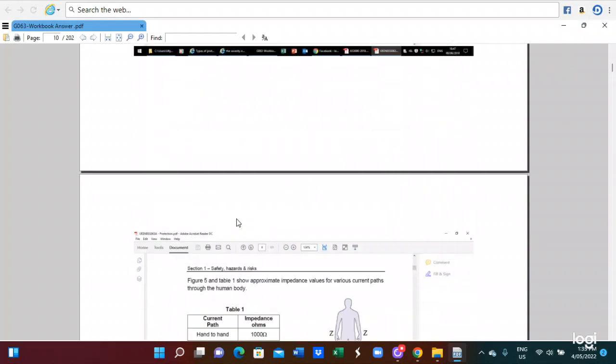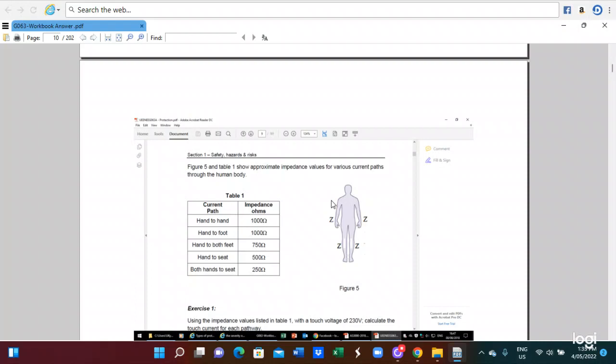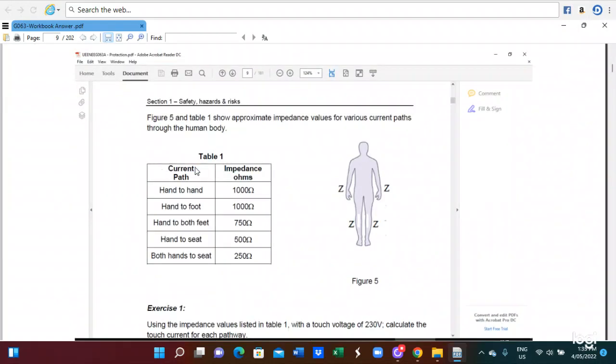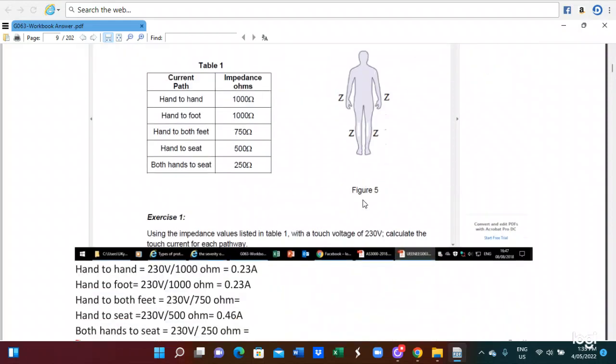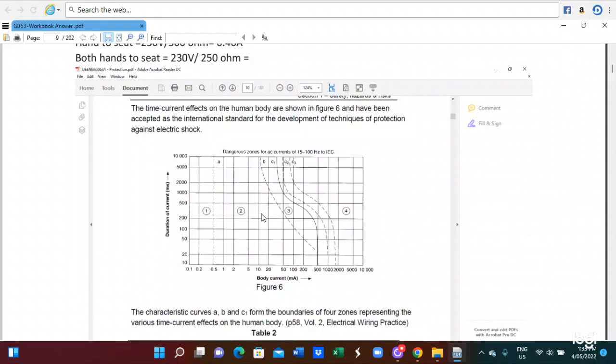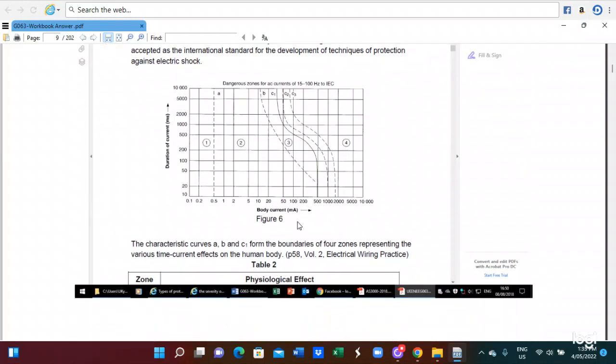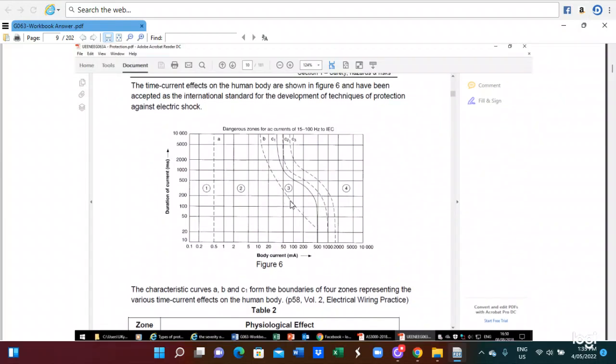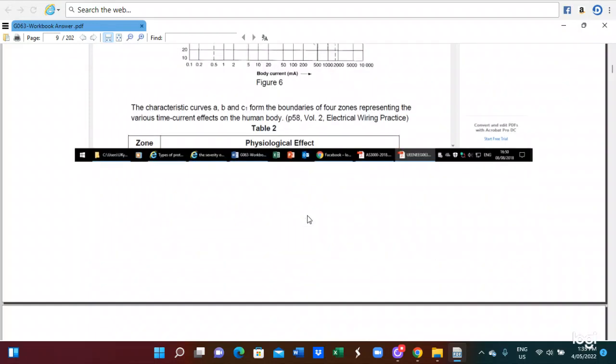So this is for the body resistance. The resistance of the body tables show the resistance of the body, and also how much current will flow through, hand to hand or hand to foot. And this is the diagram you can see. Here is a characteristic of the physiological effect. So this shows how much current flows and what physiological effect can happen.